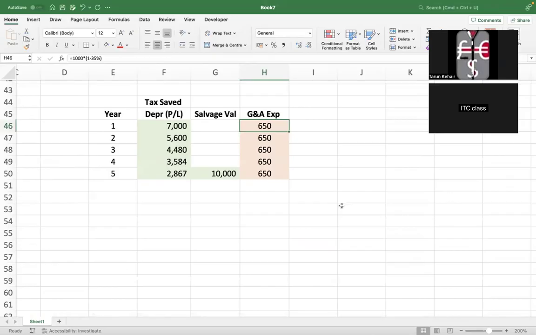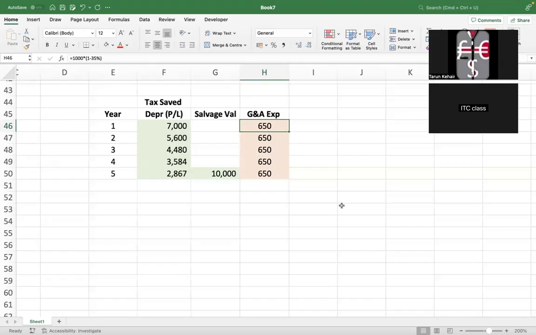So let's say I have profits before expenses of 5,000 minus expenses of 1,000. So profit before tax becomes 4,000. On this, tax at 35% will be 1,400. If this 1,000 was not there, what would have been the tax on 5,000? 35% is 1,750.